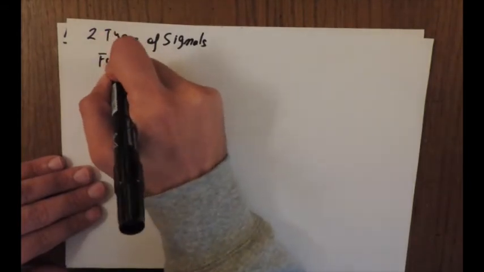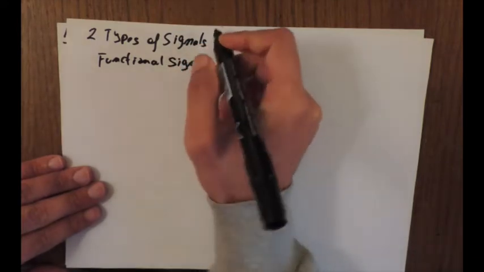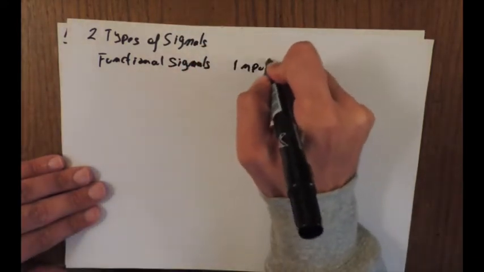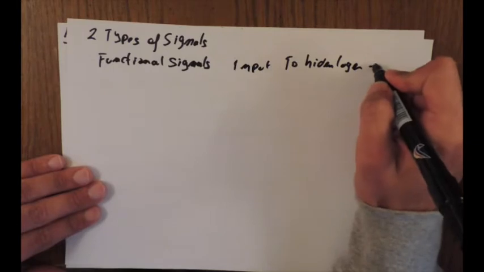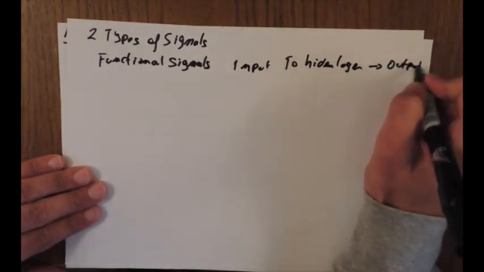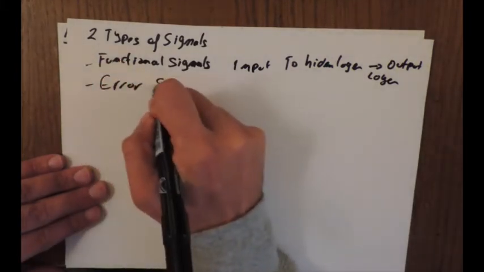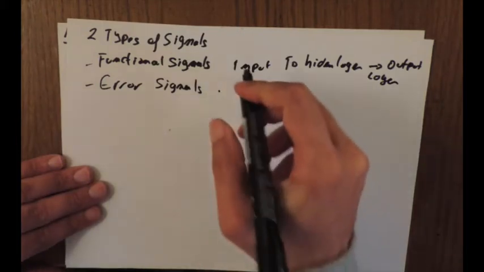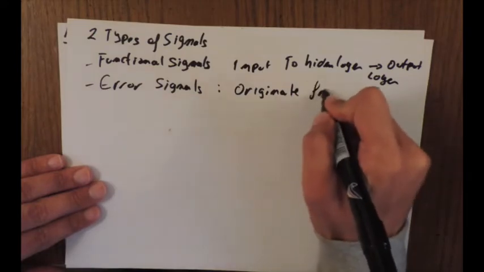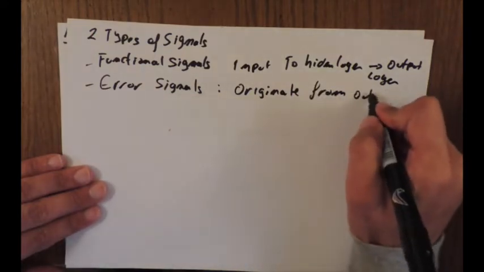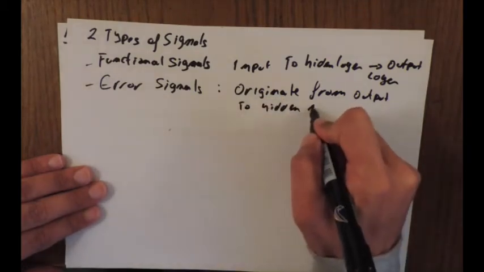So we have functional signals, which come from the input to the hidden layers to the output layer, and we have the error signals. These originate from the output and go to the hidden layers.